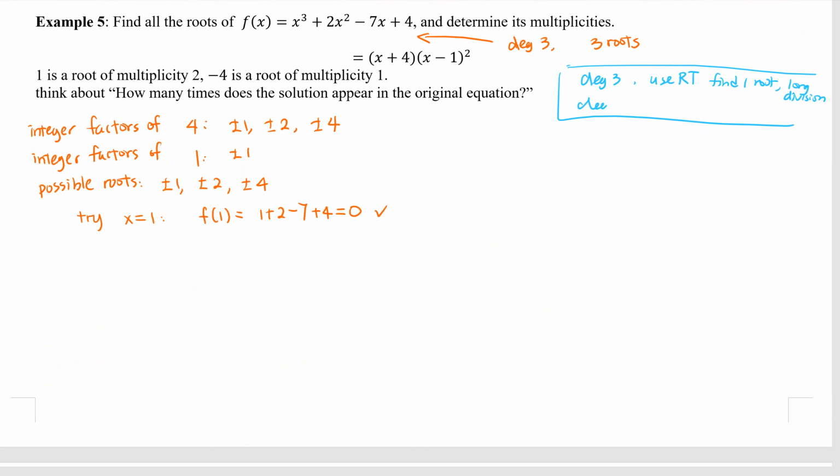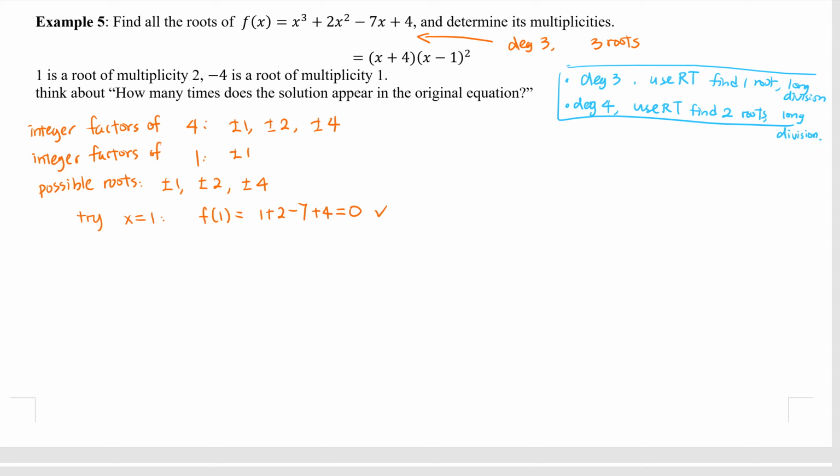If we have a degree 4 polynomial, we need to use the rational roots theorem to find 2 roots. Then we can use long division to find the remaining quadratic factor.